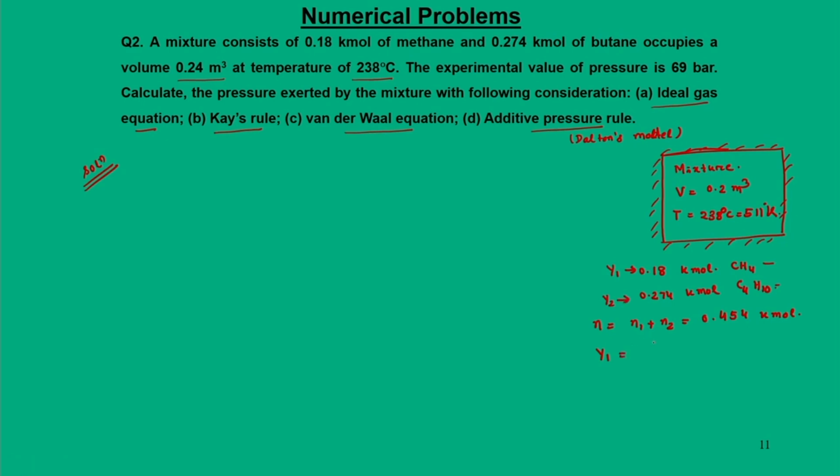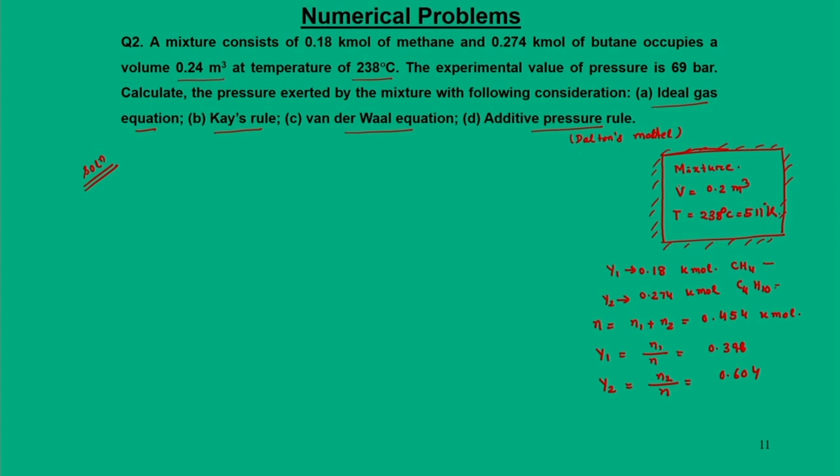So Y1 is equal to N1 by N, that is 0.396, and Y2 is equal to N2 by N, that is 0.604. So, these are the common data we get.